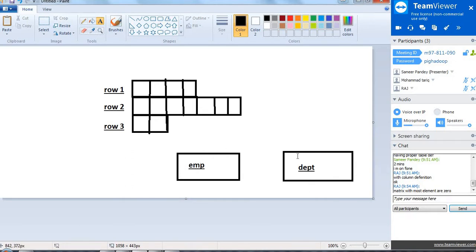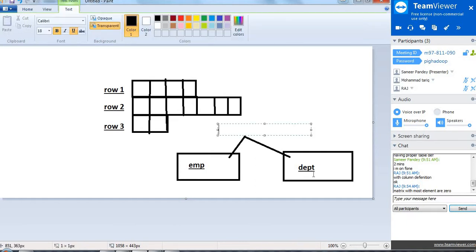The department table also contains a department number, and since the same column is department number, we can say these two tables are related to each other.